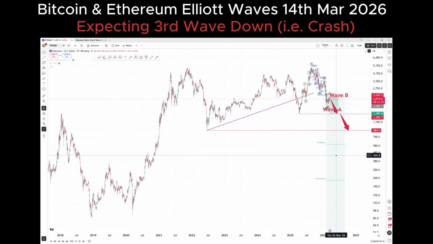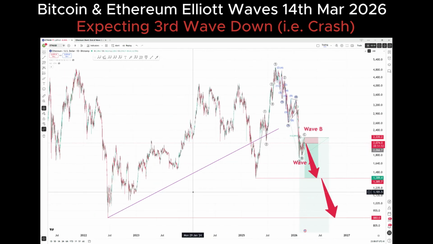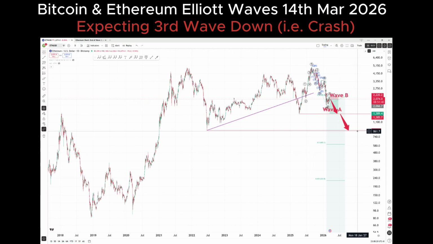So it could mean that Ethereum could literally go to zero, or we will use the same technique as we use for Bitcoin. We find the next support, which over here is 880. Okay, so when we reach 880, then we'll review again.